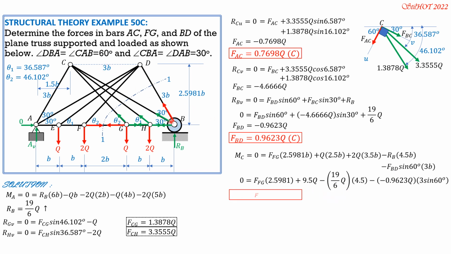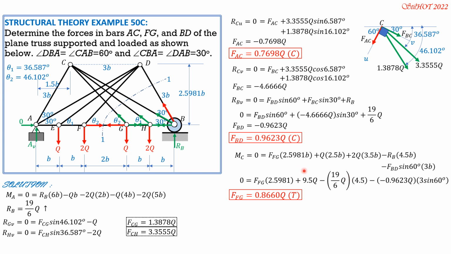Take note that I move F_BD to D by principle of transmissibility of a force, so that it has only one component, the vertical component, for moment about C. It's the same if you do not move, but this is the simpler one. By experience, we always did this in most problems in statics, unless this is your first time.